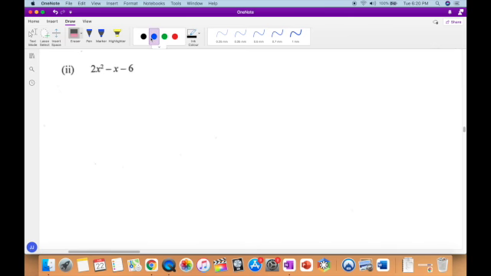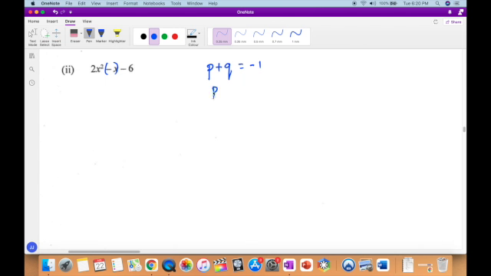When it comes to factorizing quadratics, we see that a is not 1. A is greater than 1. So when a is greater than 1, it has a different method that we use, right? We have to find two numbers that when you add them, you will get this middle number here, which is minus 1.